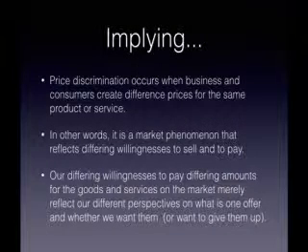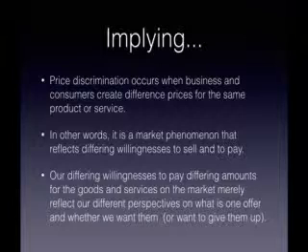Now, this implies that price discrimination occurs when businesses and consumers create different prices for the same product or services. In other words, it's a market phenomenon that reflects the different willingnesses to sell and to pay.